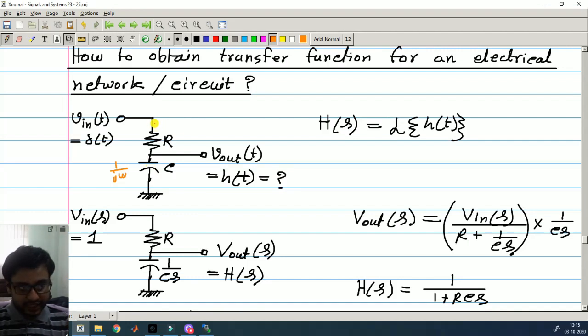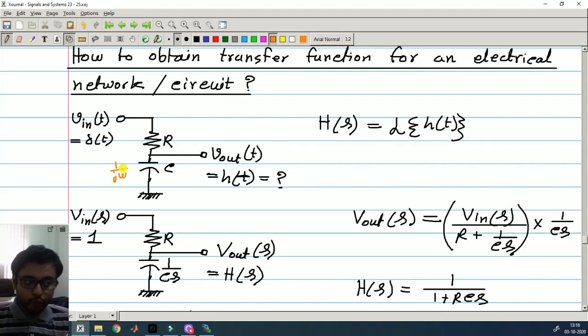Now you think of this as a potential divider. Here is one impedance, here is another. They are in series. Input voltage is here, output voltage is here. Now if this impedance is high, then output voltage will be high. If this impedance is low, output voltage will be low.